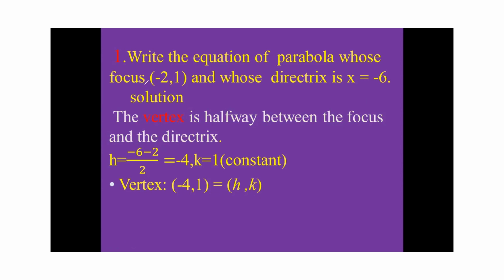That is, the focus is minus 2 and the directrix is minus 6. Minus 2 plus minus 6, over 2, gives minus 4. The second coordinate is k equals 1, which is constant, so the vertex is (minus 4, 1). This is the vertex of this parabola.